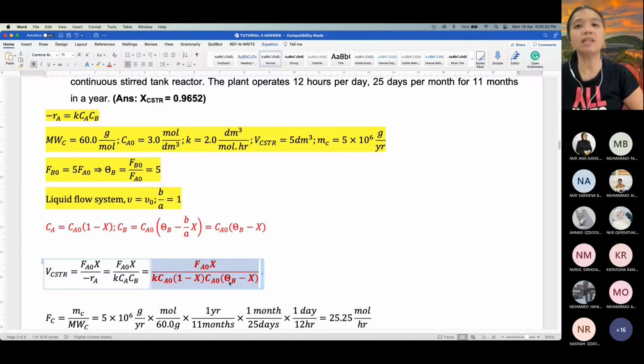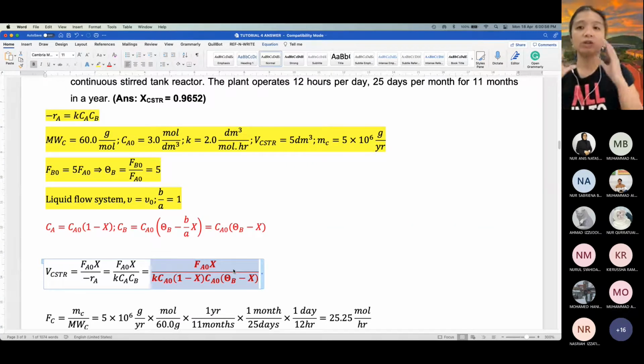I already bolded. Equation tu diberi sebagai FA0 X bottom KCA0 in bracket 1 minus X, CA0 in bracket theta B minus X. So kamu kena berhati-hati. Equation ni is to fulfill that three requirement. Dia mesti liquid, CSTR, rate law, minus RA equals to KCACB.